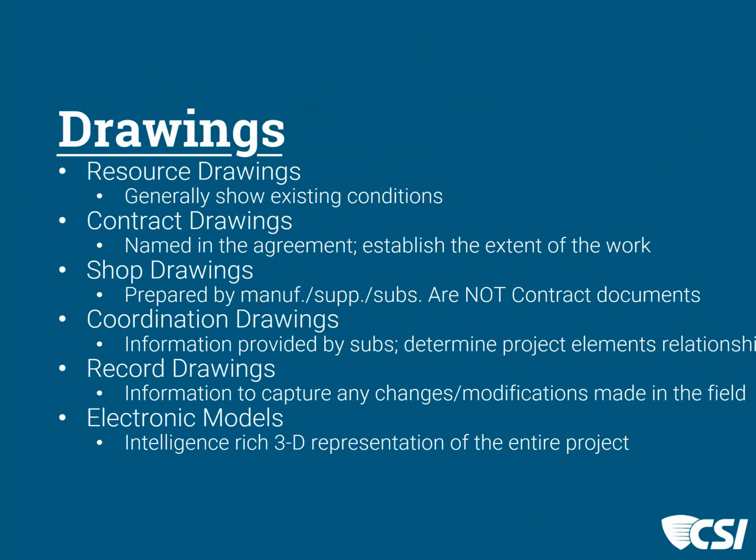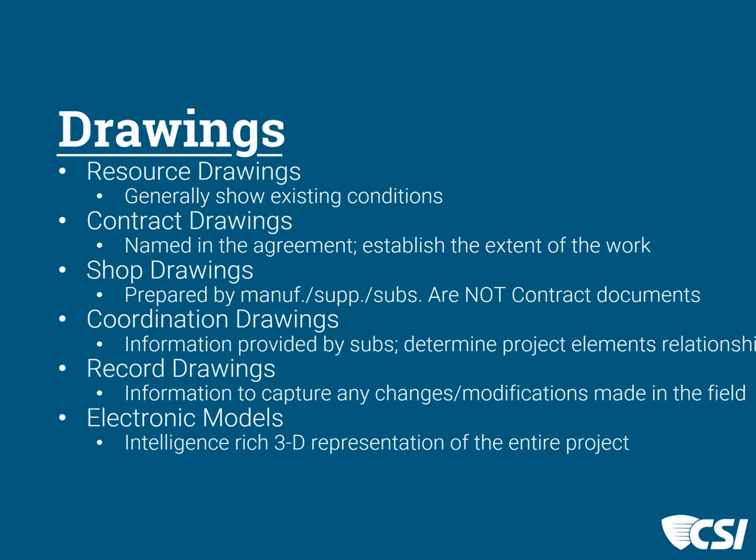There are resource drawings, where these may be involved with the project in the early phases, or they may be a part of your documents as you deliver them for bid or for construction. But these resource drawings usually show existing conditions, where that might be a renovation or an addition. You, of course, have the contract drawings that are named in your agreements, and those are used to establish the extent of the work.